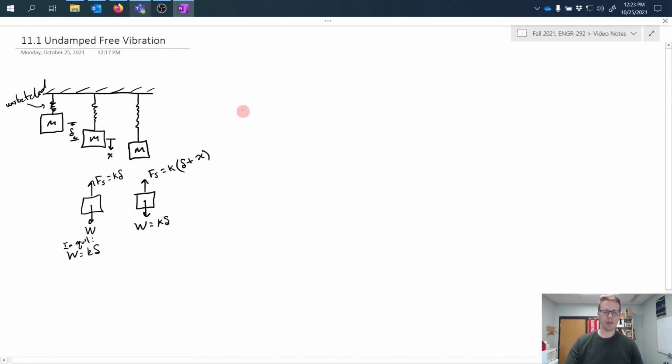So now if we go ahead and write a summation of forces in the x direction, again x is directed positively downward as I've shown it here, then I have W minus Fs, which we just said was equal to W minus k times delta plus x.